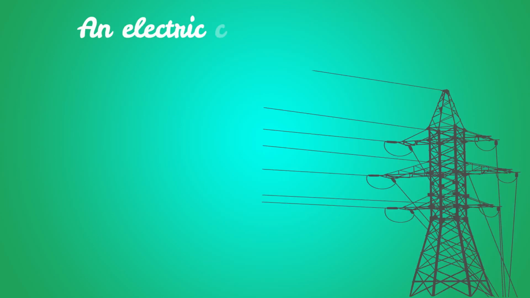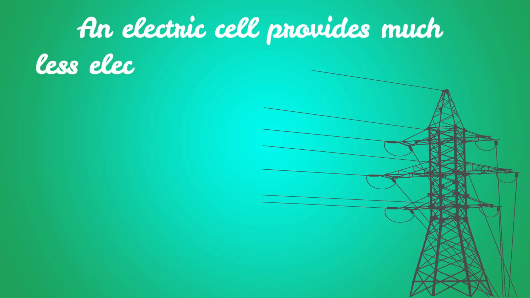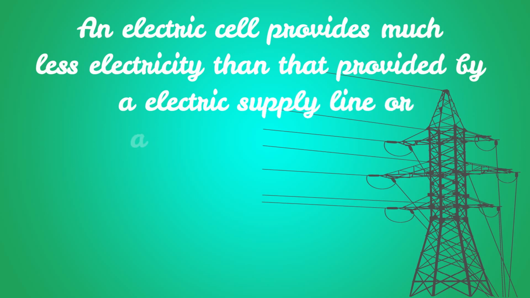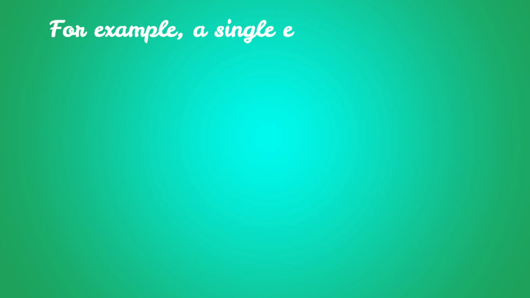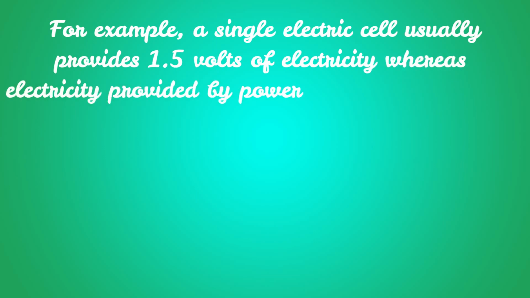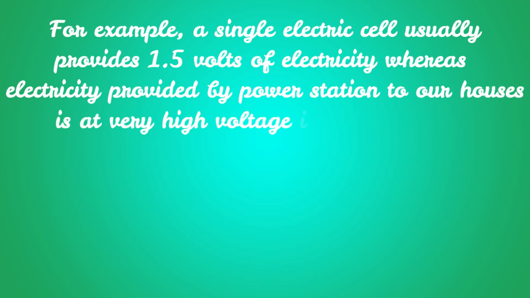An electric cell provides much less electricity than that provided by the electric supply line. For example, a single electric cell usually provides only 1.5 volts of electricity, whereas the electricity from the power station which we get in our home is at a very high voltage of 220 volts.